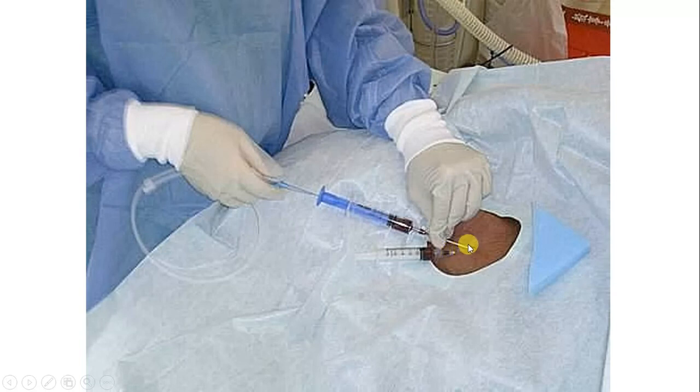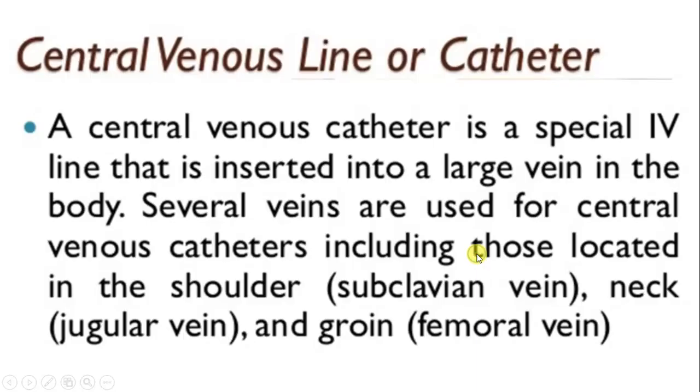When you are confirmed, you put the introducer, and after the introducer you put the catheter into the vein, which is a measured one, and that will tell you whether you are in the right atrium or in the right ventricle.